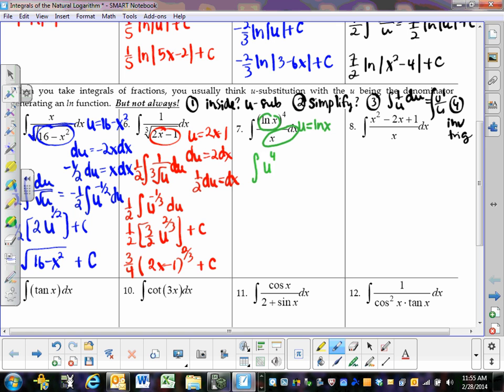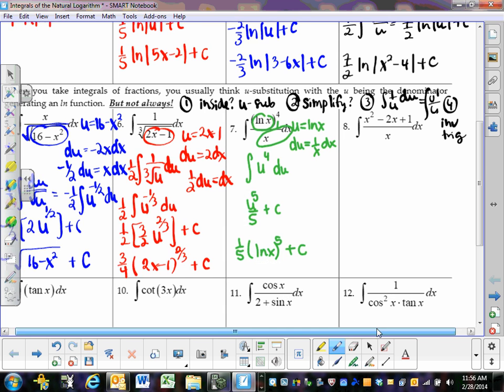For the next one, I also notice that I have a definite inside-outside part. So the inside part is going to be the natural log of x. So what I've decided now is that I have u to the 4th.